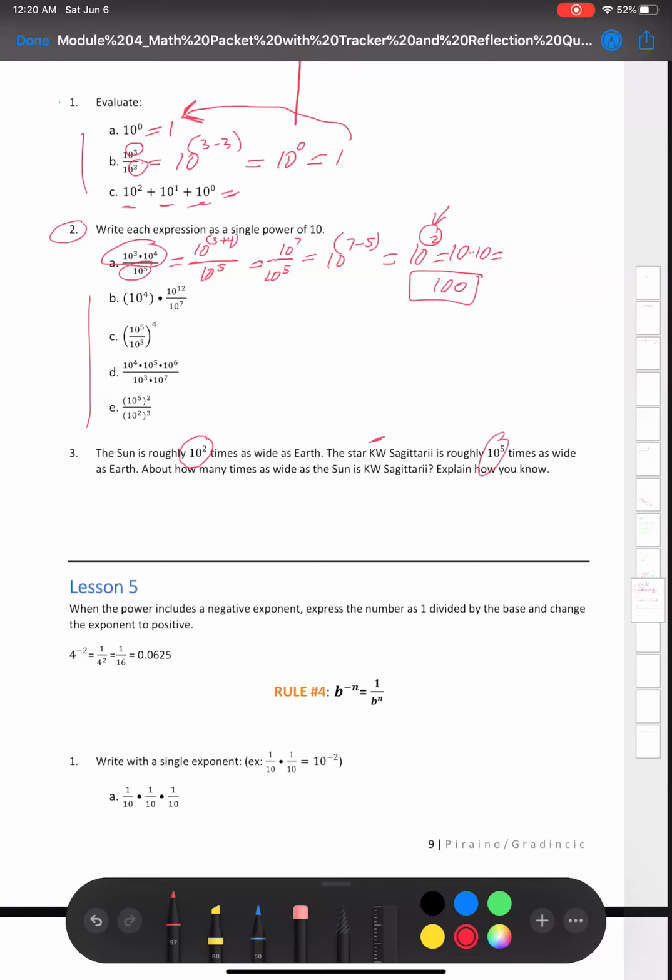So we are comparing the sun and KW. The sun is 10 to the 2nd as wide as Earth, and this KW star is 10 to the 5th power times as wide as Earth. How many times as wide as the sun is the KW?